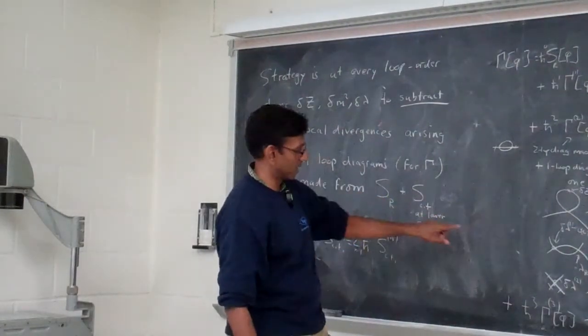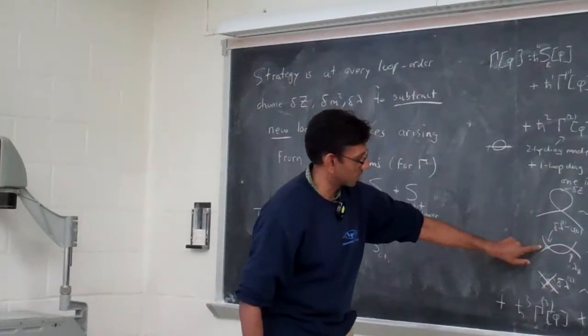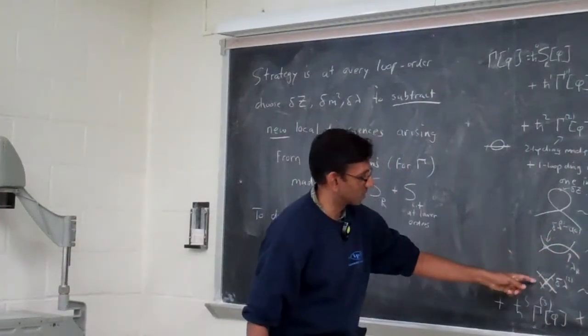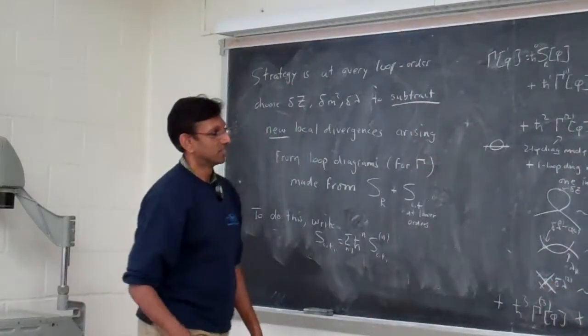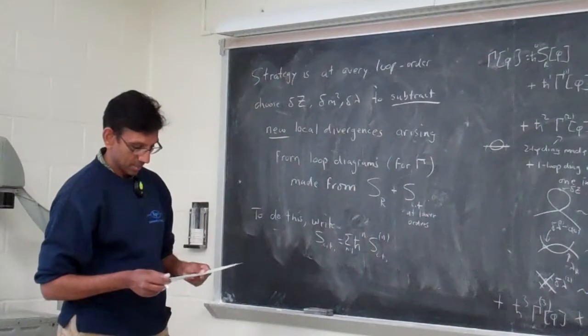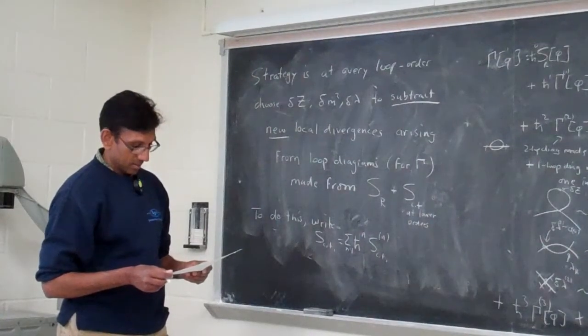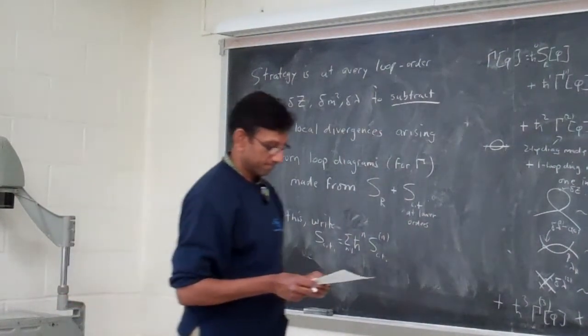This is an example of a lower order counterterm appearing in a loop contributing to the order that I am now talking about. So this is the algorithm.